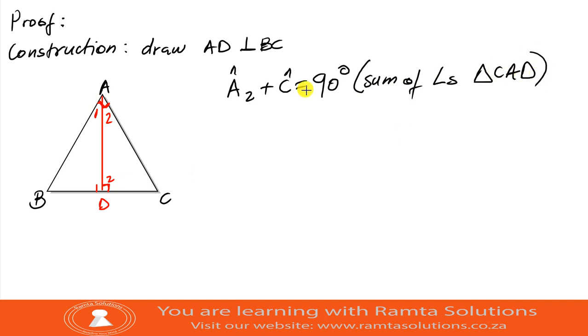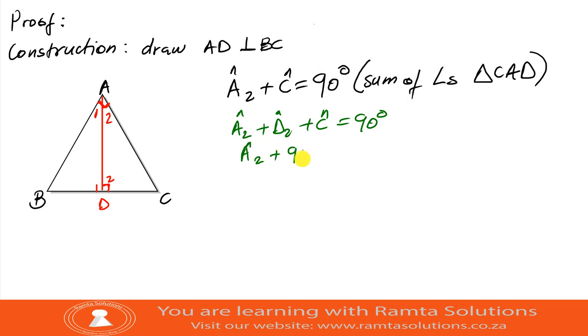When you sum angles of triangle ACD, you will find that angle D2 is given, so obviously you will get 90 degrees. Maybe if you are a bit unsure, let me just show you here quickly. Angle A2 plus angle D2 plus angle C is equal to 180 degrees for this reason. We don't know what angle A2 is.